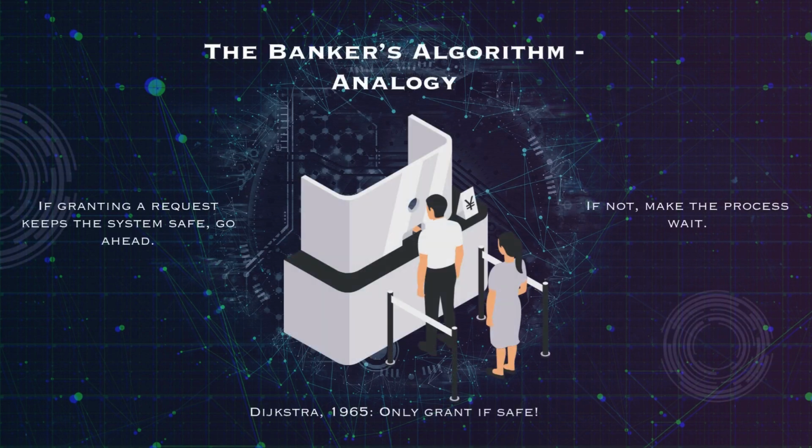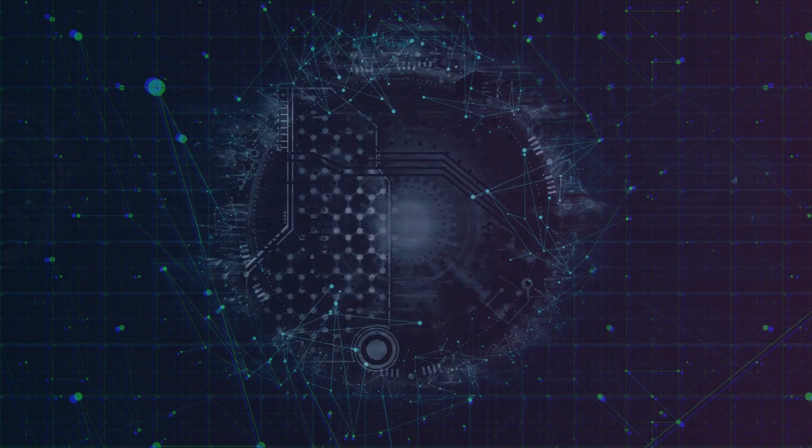The banker's algorithm was proposed by Edsger Dijkstra in 1965. It is based on a banking analogy. A banker won't grant a loan unless they're sure they can fulfill all commitments safely, even if everyone asks for the maximum at once. Similarly, the operating system checks if granting a request keeps the system safe. If so, go ahead. If not, the process will wait.